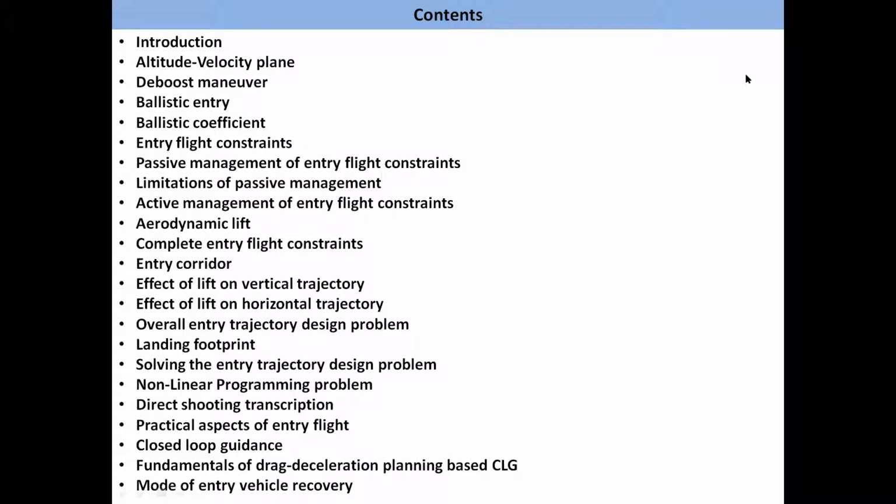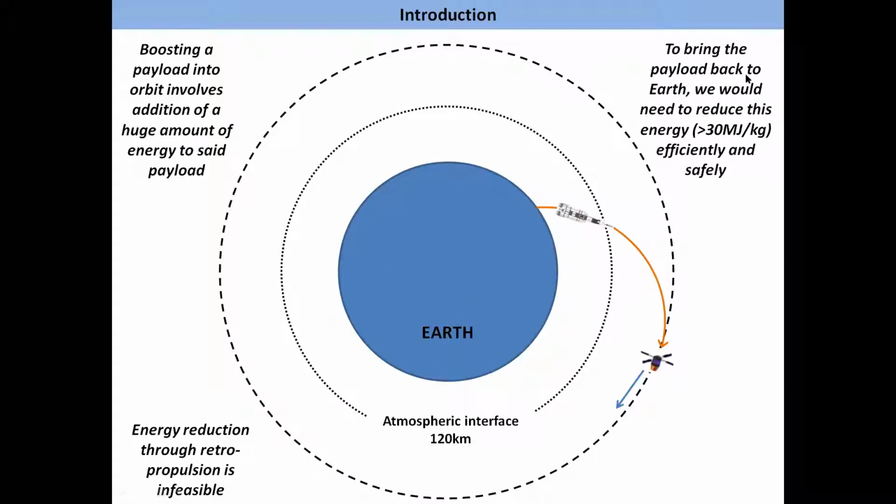So this is basically just the contents involved. I'll directly jump into it. Now to introduce the topic, boosting a payload into orbit involves addition of a huge amount of energy using a launch vehicle. To bring back the payload to Earth, you would have to reduce this energy, which is approximately of the order of 30 megajoules per kg if you are talking about a low Earth orbit of around 200-kilometer altitude.